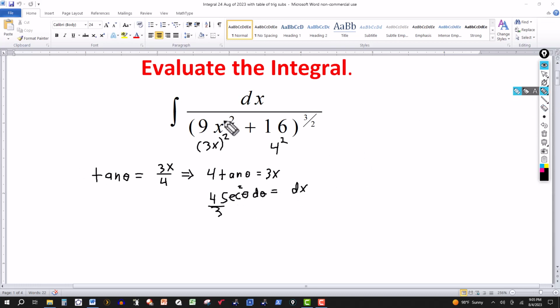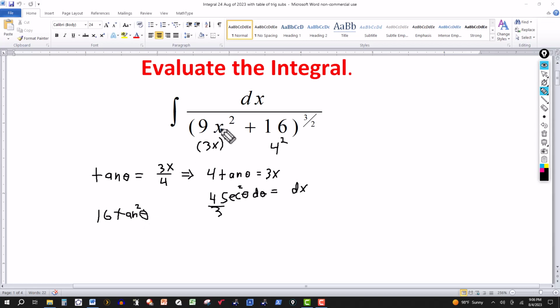And then I'm going to look at this right here now. 9x squared plus 16 to the 3/2 power. So what does that give us there? So notice I have 3x is equal to 4 tangent here. So let's put 3x right there. And that's going to be cubed in. So let's look at the square root first. So this will be 16 tangent squared theta.